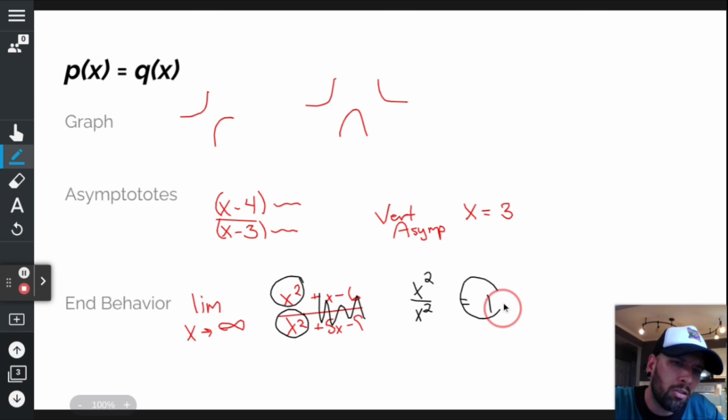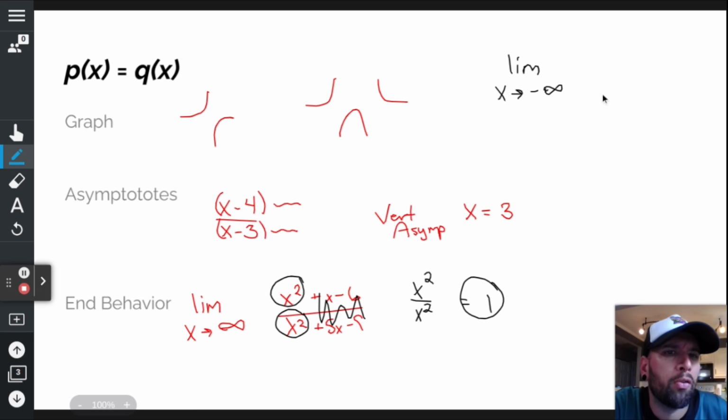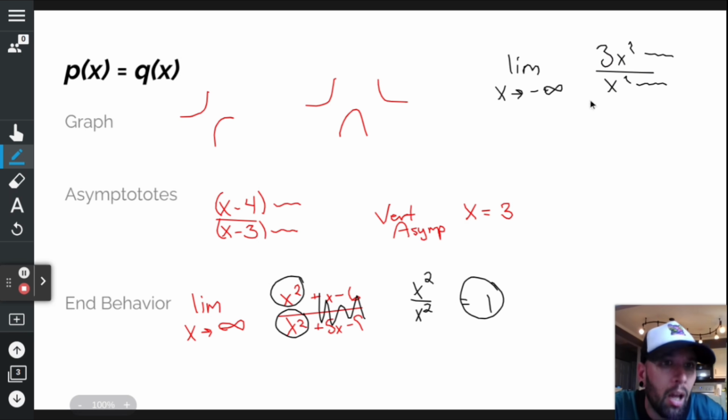And if you're thinking that's just a bit too easy, give me another. Fine. Limit as x approaches negative infinity, so let's flip it around, of 3x squared blah blah blah over regular x squared blah blah blah. We don't care about the blah blah blah. So what happens is this simplifies, and the limit as x approaches anything of 3 is going to be 3.